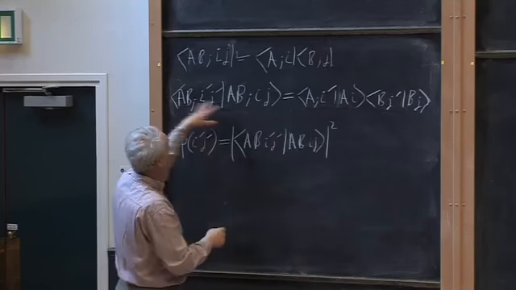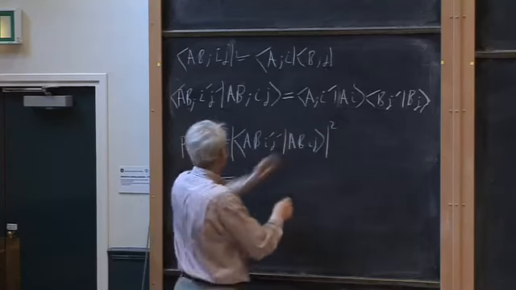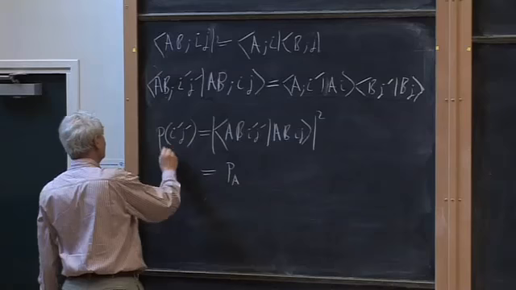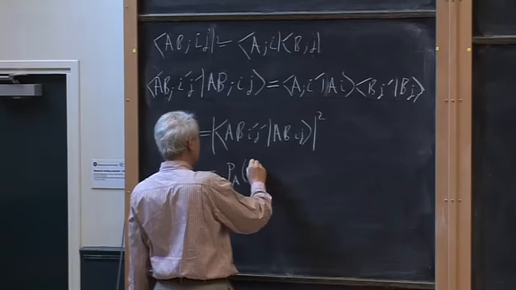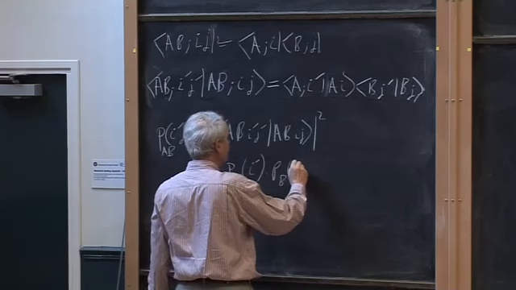That's how we would interpret this complex number. According to this formula, this is equal to the product of the probability for system A of getting the result I primed times the probability of getting the result J primed.